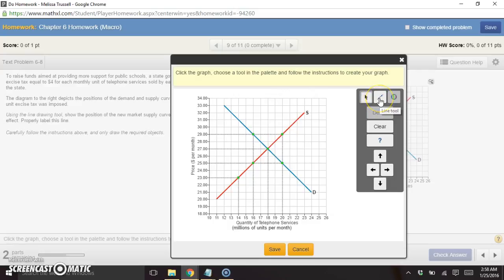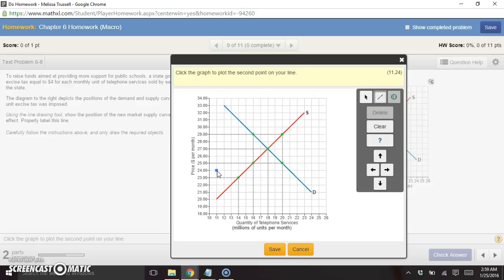So now we just use our line tool to draw our new supply curve, which will be $4 higher than our old supply curve. So I'll start at the quantity of, say, 11, where before we had a cost of 20, so now I have a cost of 24 at the same quantity of 11. So I'll put my first dot for my line here at a quantity of 11 and price of 24.